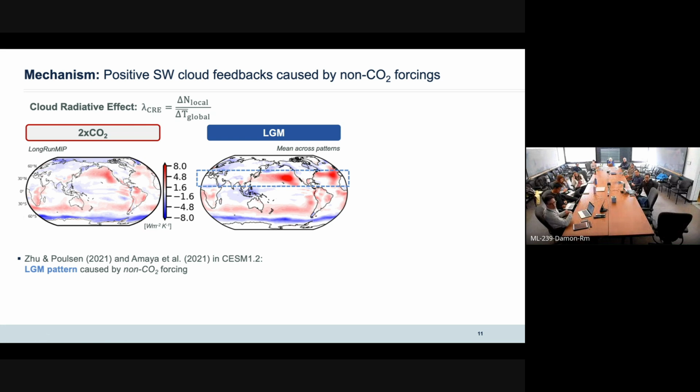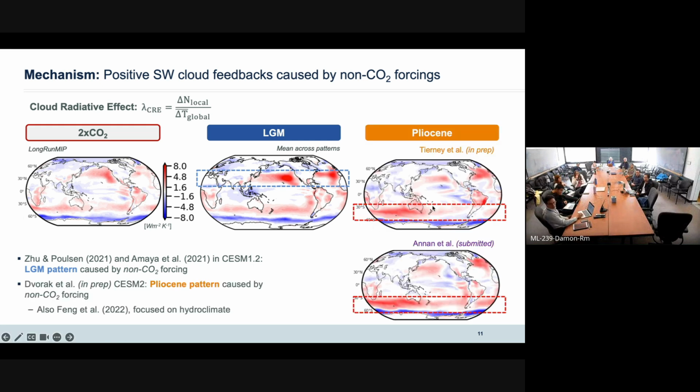So those ice sheet induced SST patterns are amplifying the climate changes for the LGM much more than what we see in the CO2 doubling. And we know from experiments in CESM that those specific aspects of the LGM pattern are caused by the ice sheet forcing, not the CO2 forcing.